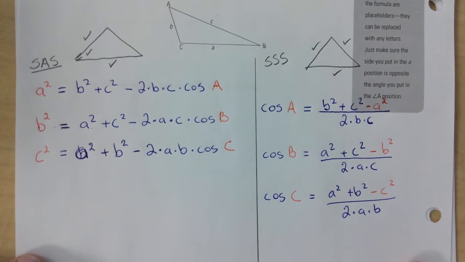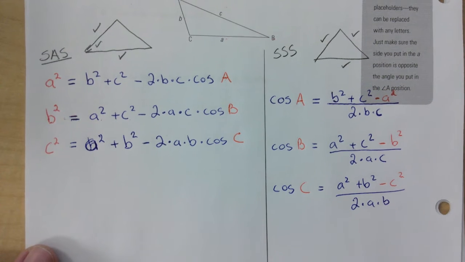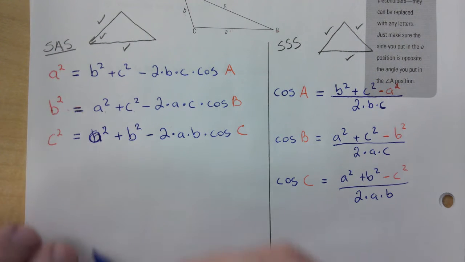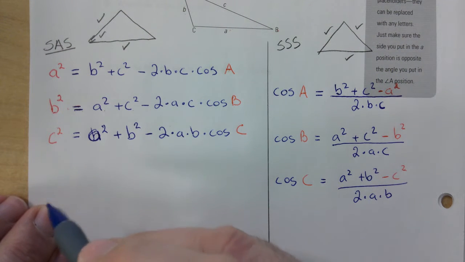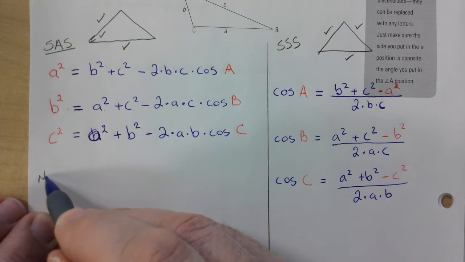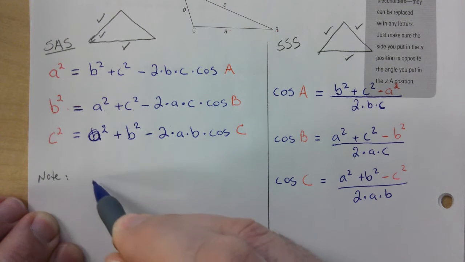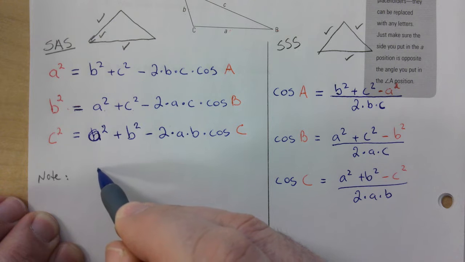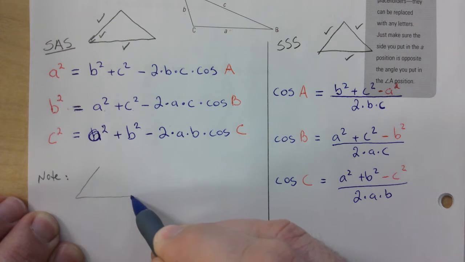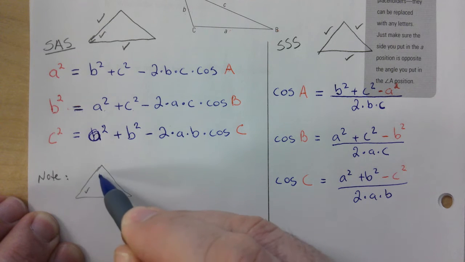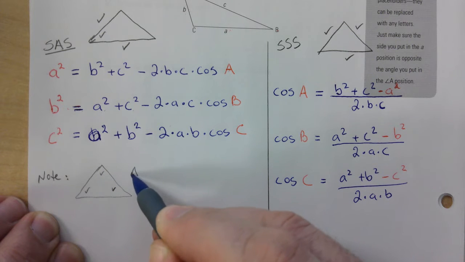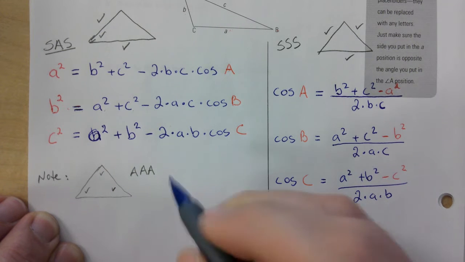I think I'm just going to say one more thing here. The one triangle that we're not going to address that cannot be solved is, I'll just make a note here. If you have all 3 angles given, that is a triple A, right?